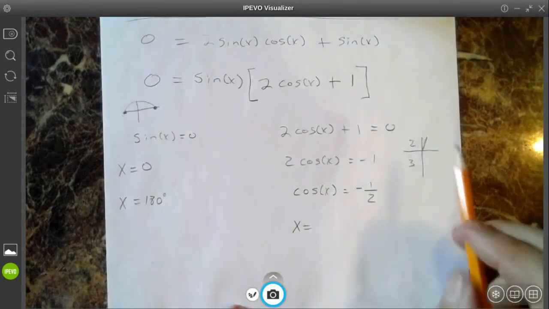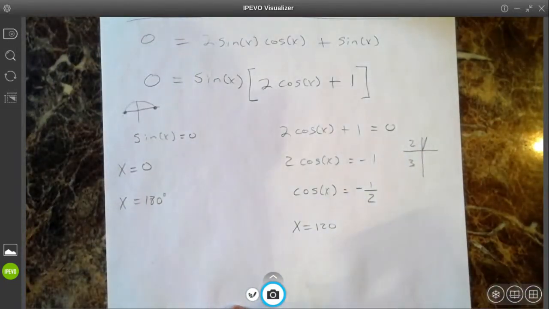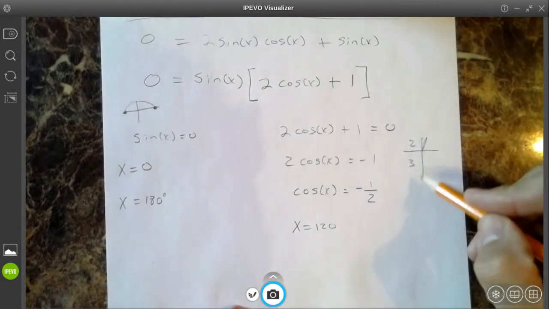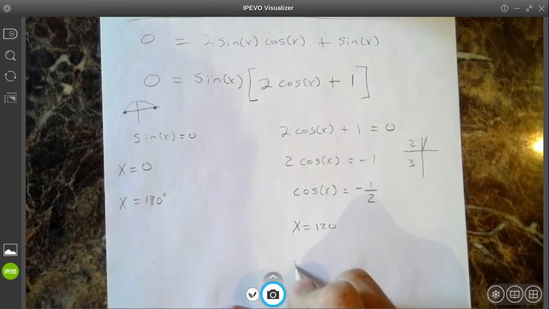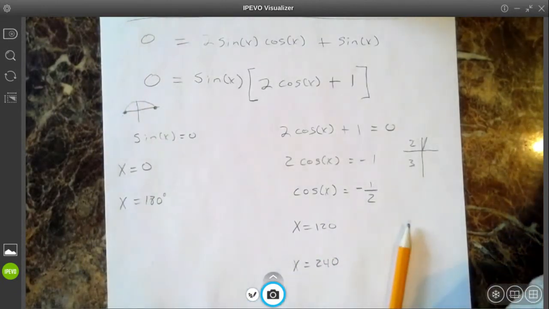X equals, for quadrant 2, this is going to be 120. And then for quadrant 3, this other one is going to be 240. Sorry, I don't have that chart here, let me pause and I'll pull it up again.